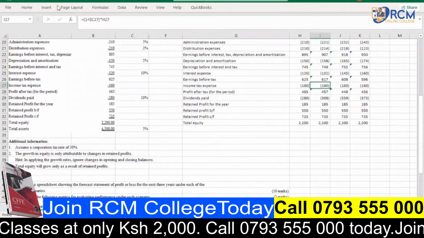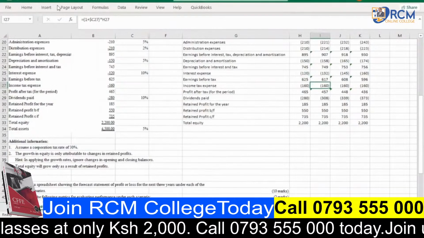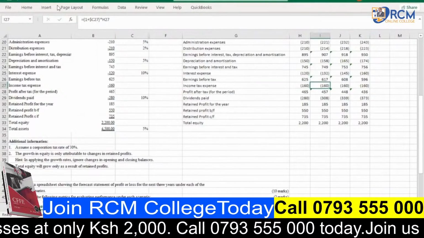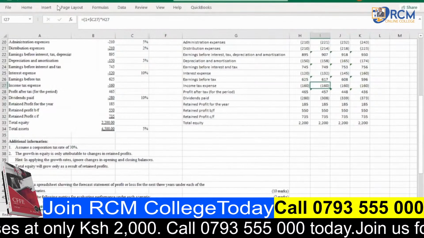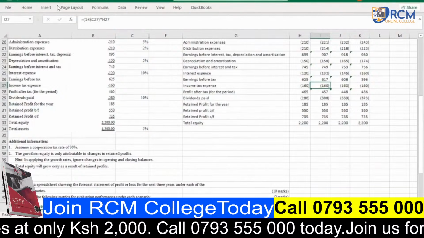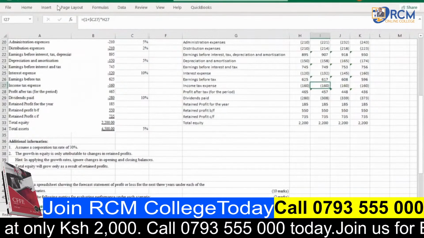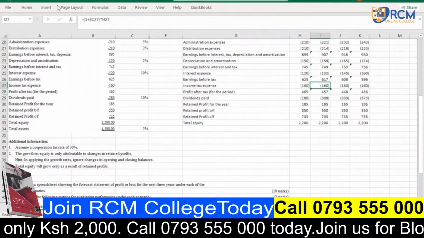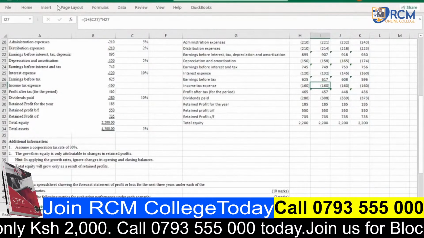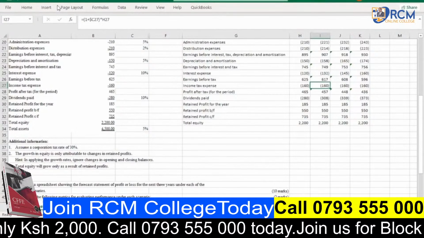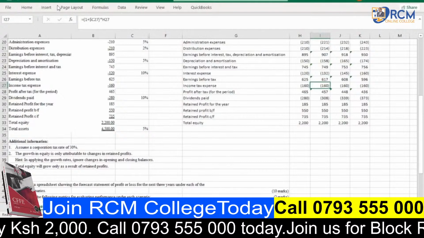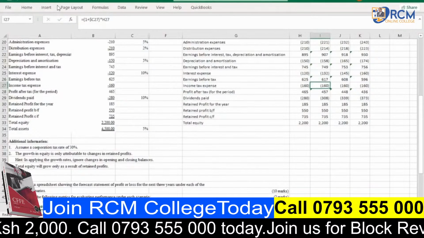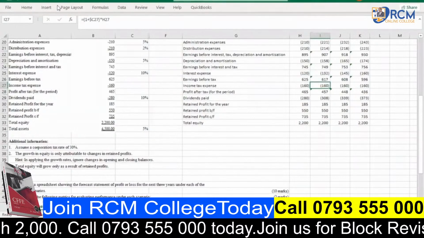Wengine mko wapi? Sasa hapo ndio iko na rudia swali. I want the tax for 2023, 2024 and 2025. But 2023, because once you get for 2023, we'll apply the same to get for 2024 and 2025.